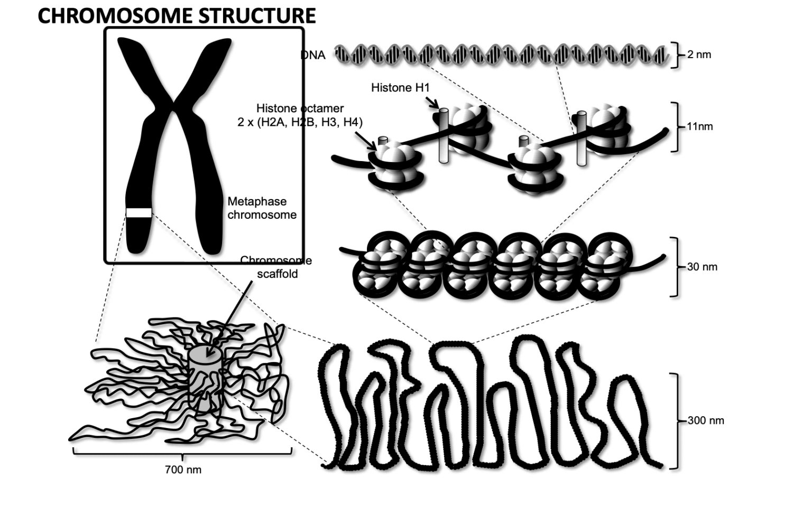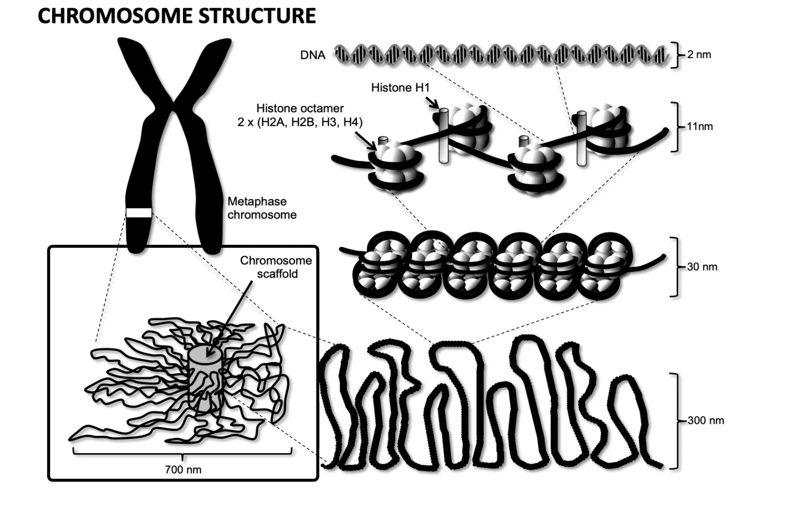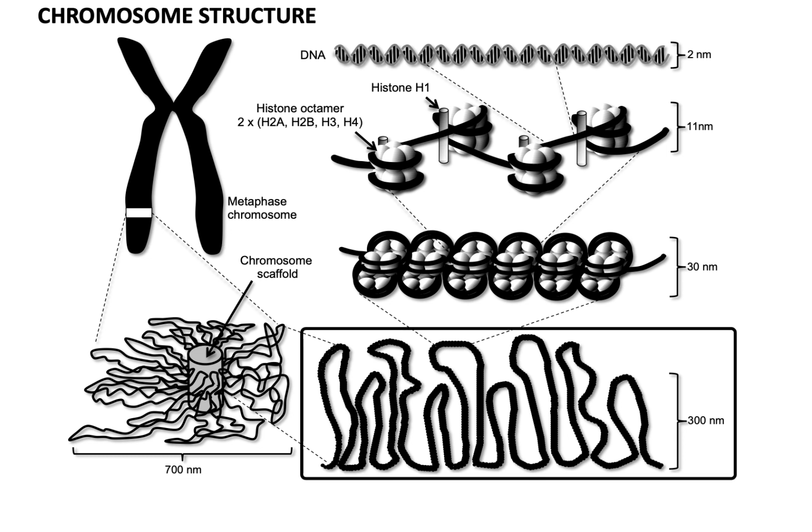But if you start dissecting that away, pulling different proteins off, the first thing you can see is that the chromosome is arranged so that there's a central scaffold made up of proteins and RNAs, actually. And the DNA loops out. Each one of those loops is approximately 300 nanometers in length.